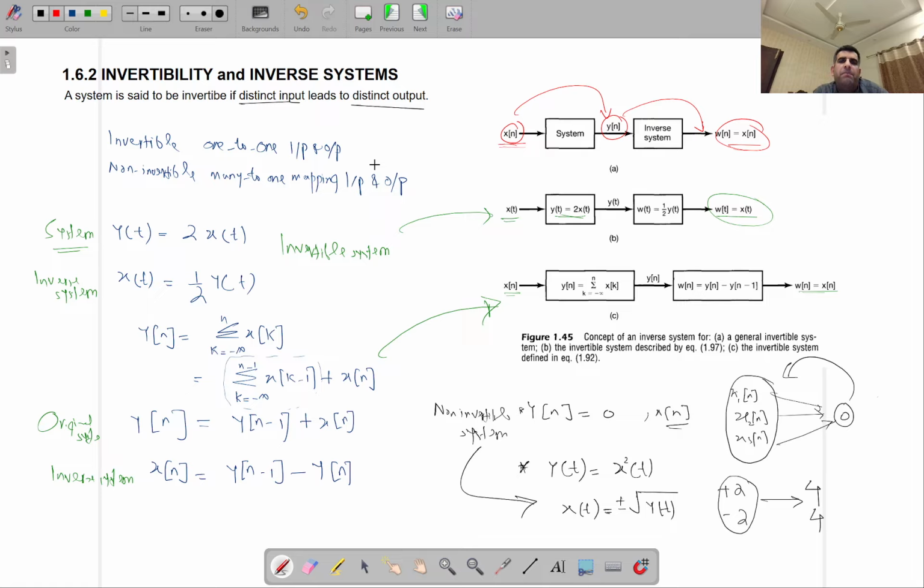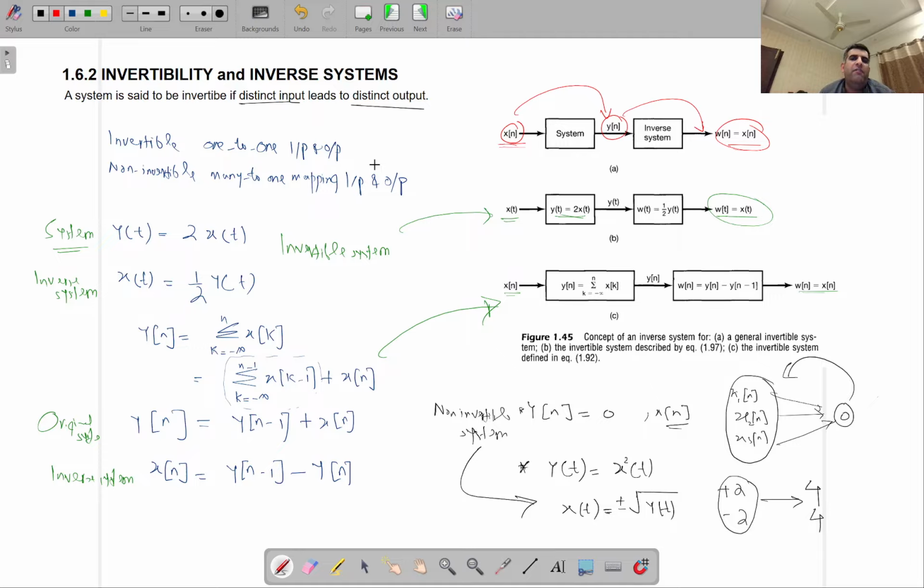In communication, most of the time when we are sending data from one point to another point, and this is just one example, we try to encode the data through some system. And then on the receiving side, we need to recover the signal which we have sent. So essentially what we want is that the system which is encoding my data should be an invertible system, so I can actually recover or decode the data when I receive it at the receiver side.